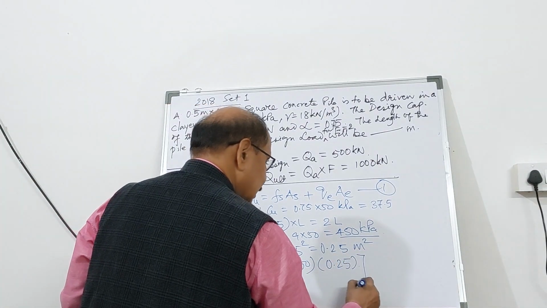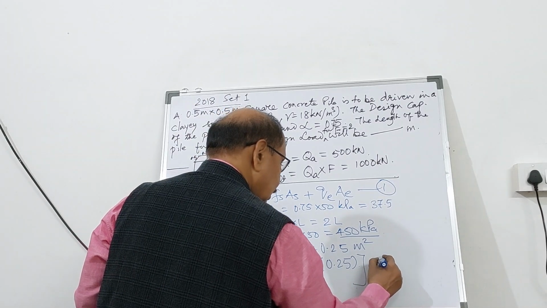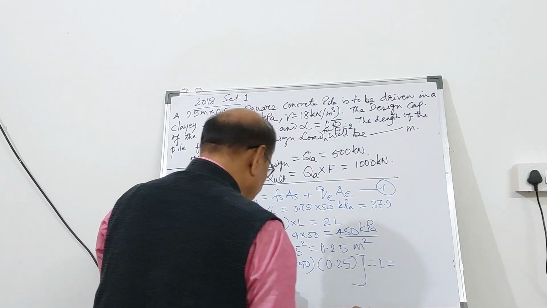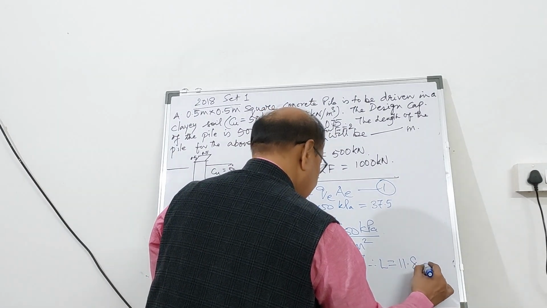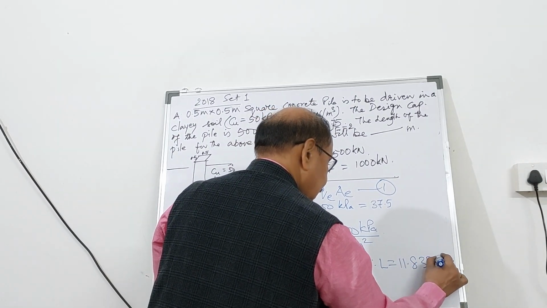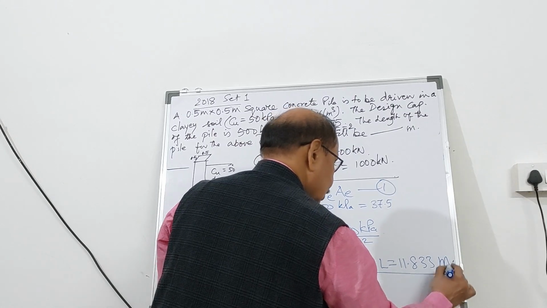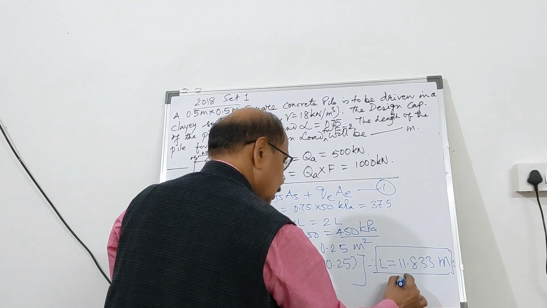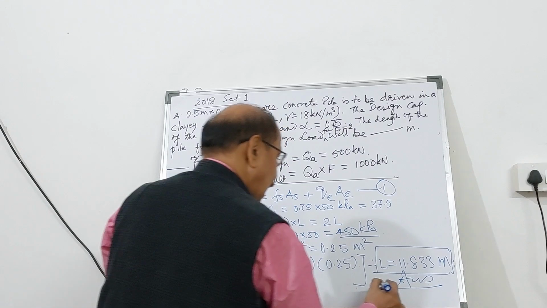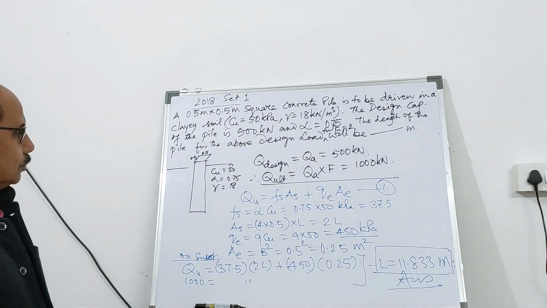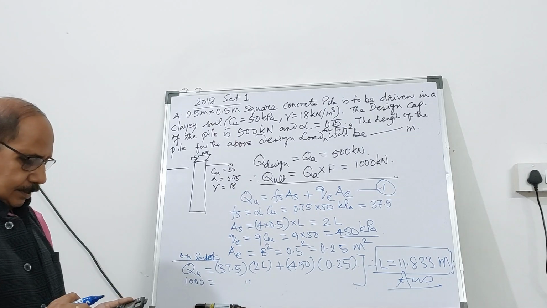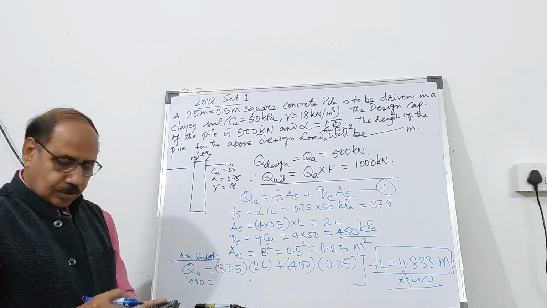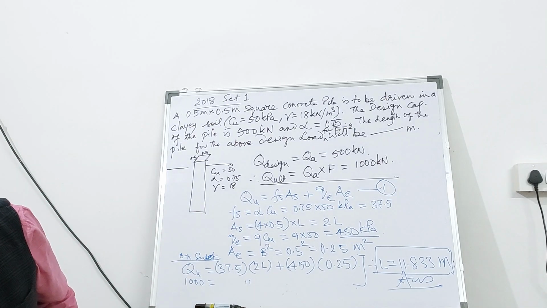So by simplification, therefore, we get the length of the pile equal to 11.833 meter. So this becomes the answer. So we can attempt this problem quite easily. There is no difficulty in solving the problems.